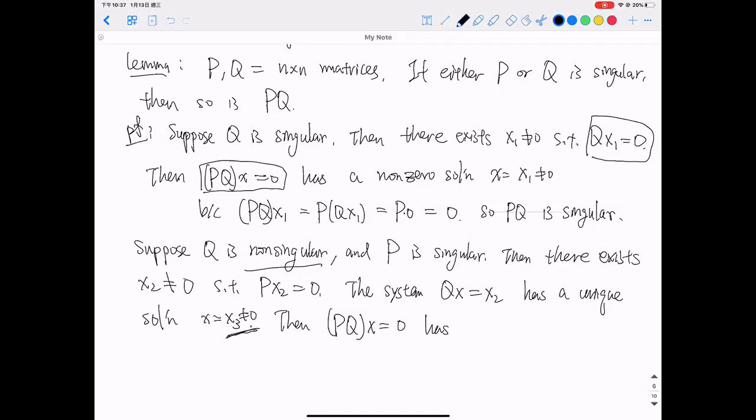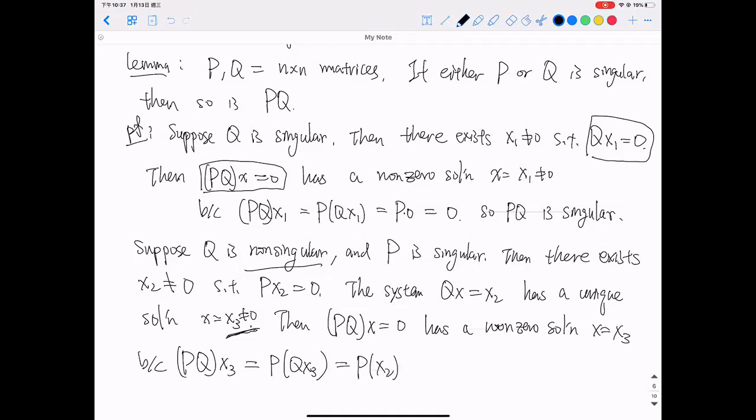Then the system PQx equals 0 has a non-zero solution, x equals x3, because PQ times x3 is P(Qx3), which is Px2, which is 0. So PQ is again singular.